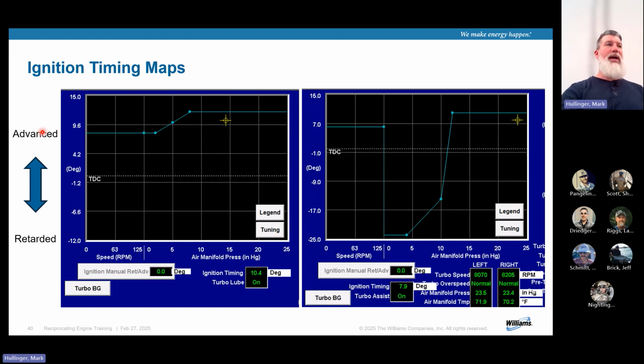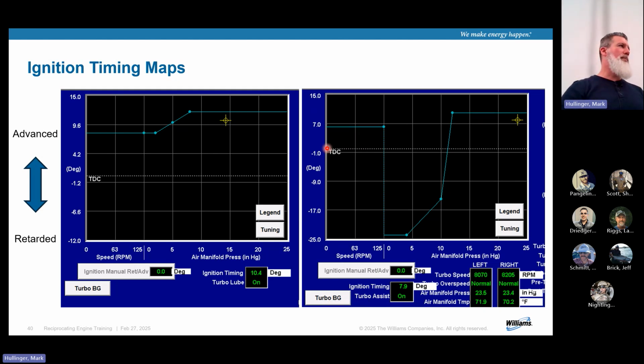So this way is advanced, this way is retarded. Some engines you'll see that it's speed related, so up to 125 RPM, it's going to fire at 7 degrees before top dead center. I would have liked these negatives and positives to be different because they're exactly the opposite from what the training says.